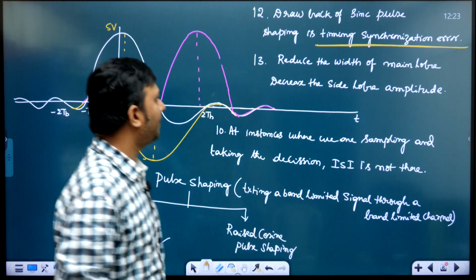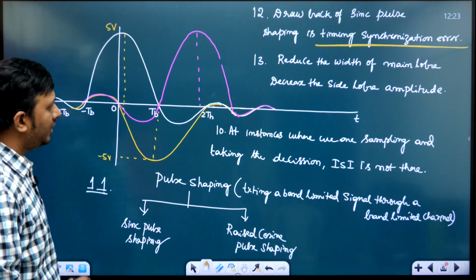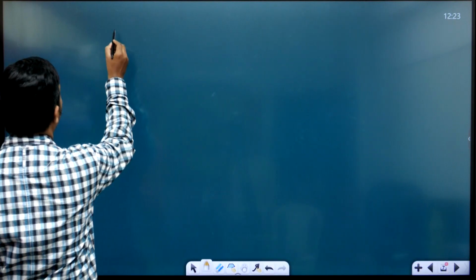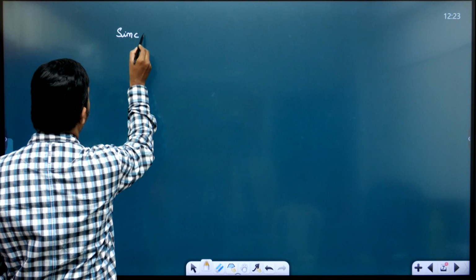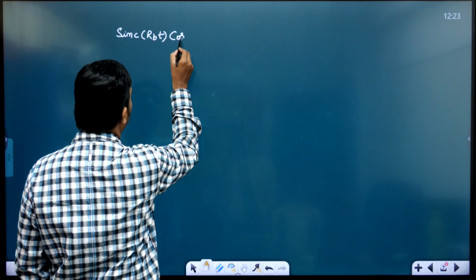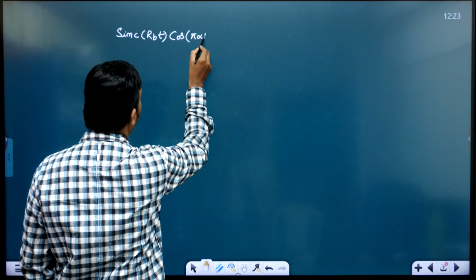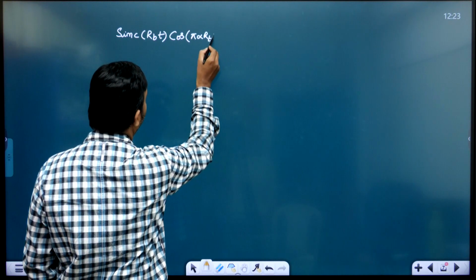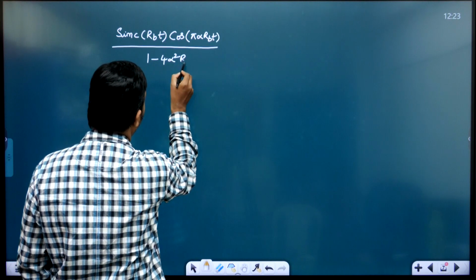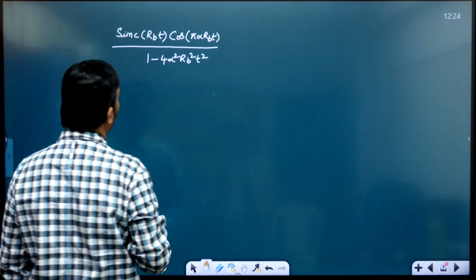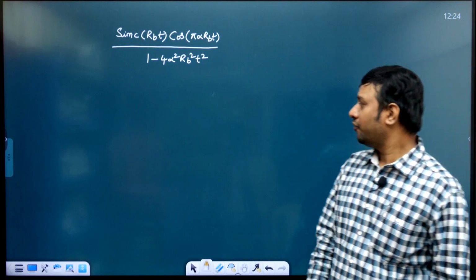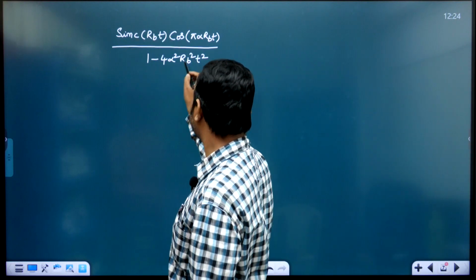And how are you going to achieve this? You are going to achieve this by multiplying your band limited sync pulse with one more factor known as cos(pi alpha RB T) divided by 1 minus 4 alpha square RB square T square. So in order to minimize the timing synchronization error, we are going to multiply our sync pulse with this factor.